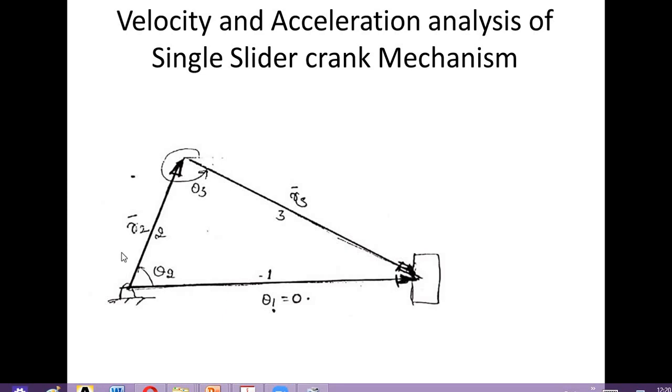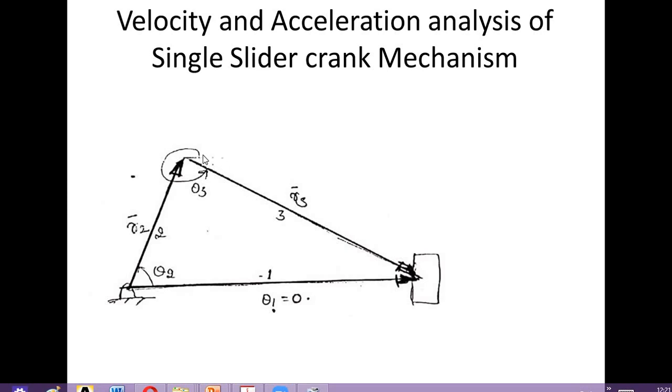This is the vector diagram of a slider crank mechanism. The first link is the fixed link, which is making an angle of 0 degrees because it is horizontal. The second link is the crank, which is making an angle theta 2 in the anti-clockwise direction, and the third link is the connecting rod, making an angle theta 3.